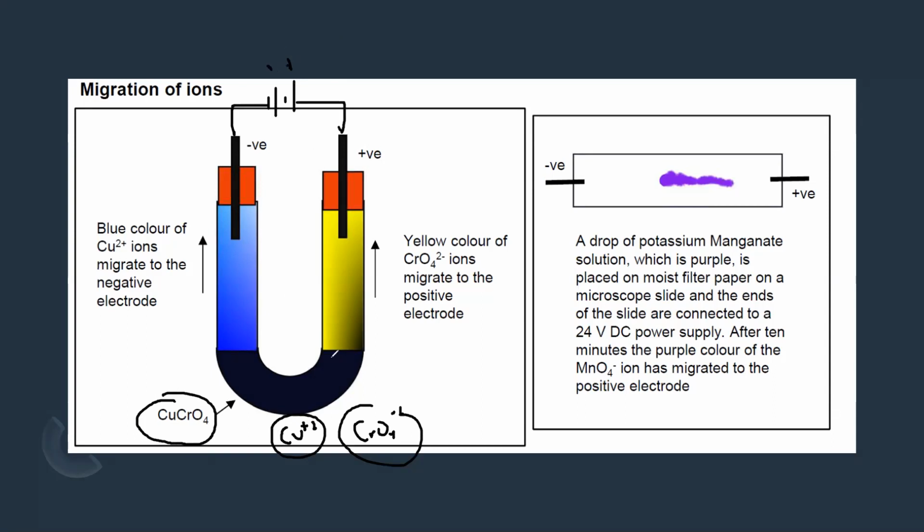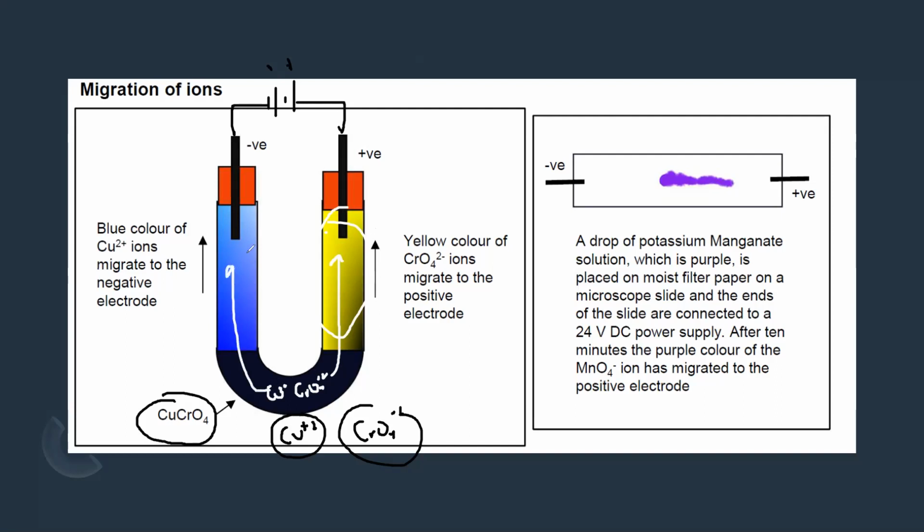What do we observe? We observe the chromate ions, which are negative, attracted towards the positive terminal. So we will see a yellow color near the positive electrode, the migration of the yellow ions. And copper is a positive ion, so it is attracted towards the negative plate.